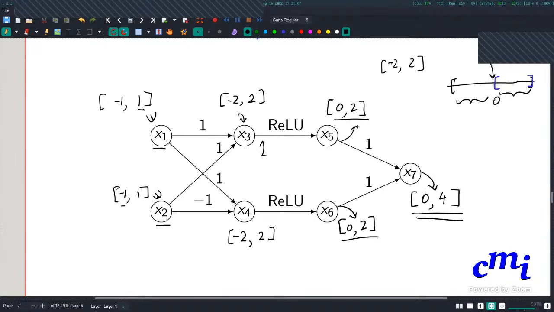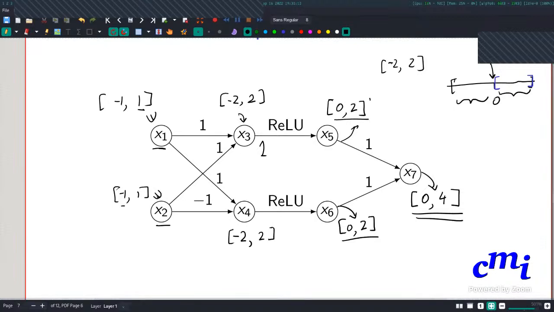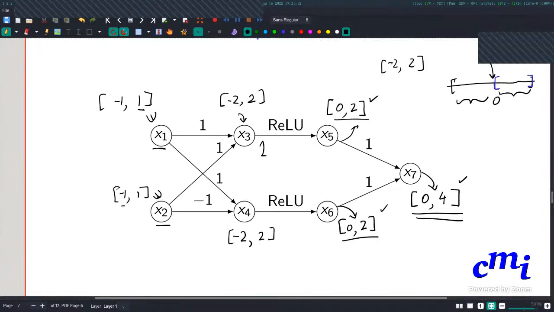So in the next class, try to find some value of x1, x2, x3, x4, x5, x6, and x7, which are in these intervals for the corresponding variables, but which is actually not possible in the original network, in the sense that the original network will never show that value. So try and find that out. Okay. Sure.